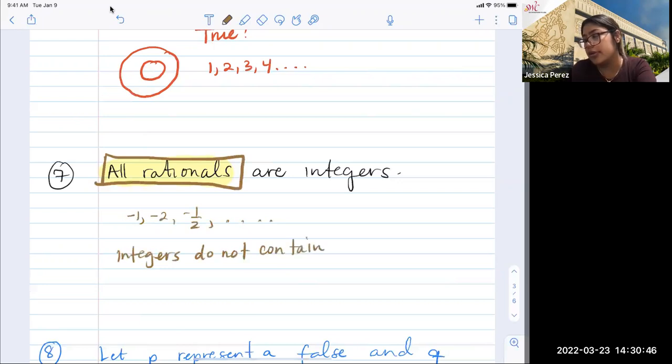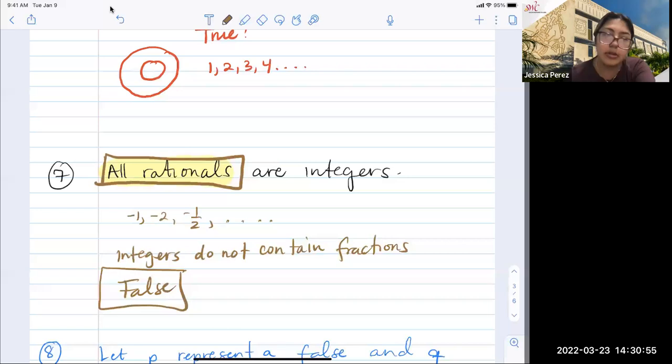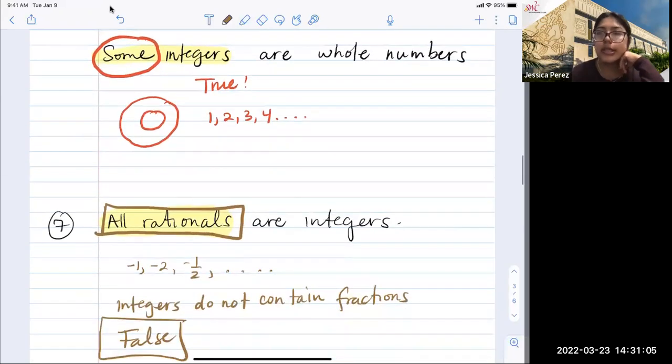So this is false. Not all rationals are integers. All integers are rationals, yes, but not vice versa. So you got to be very, very careful. Make sure you understand what is rational, what is integer, what is a whole number, what is irrational, and what is real.